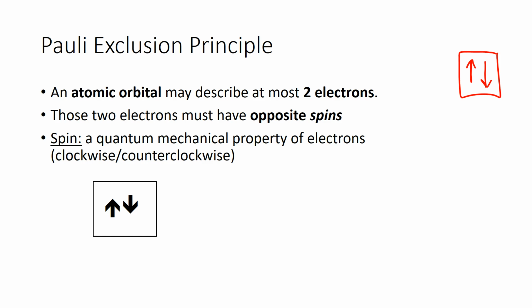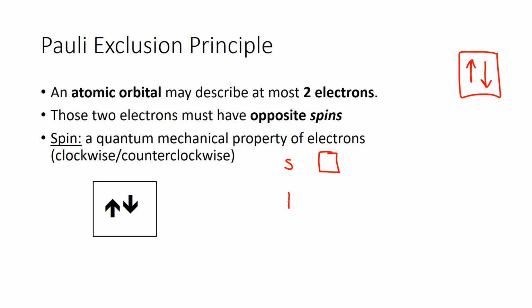So this goes with the orientation. How many orientations did I say an S can have? Look back at your notes. 1. So an S will only ever be represented by 1 box.